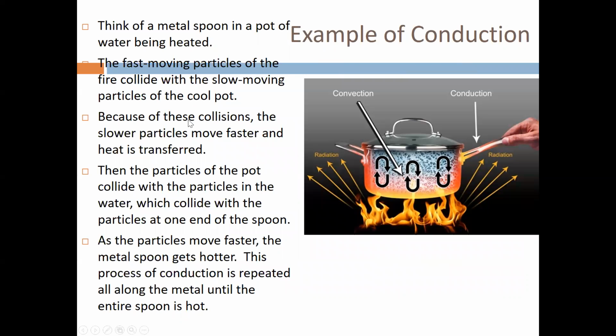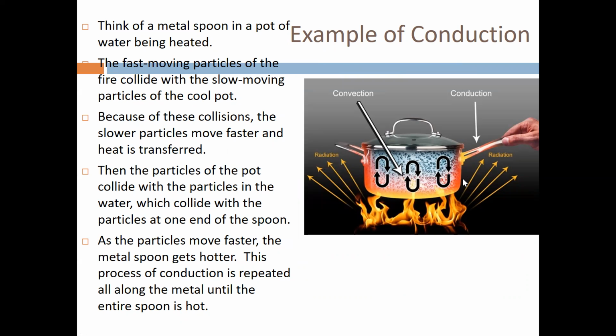So, why is the metal spoon hot? It's because of conduction. You can see in this picture, it very much explains all of this. Radiation would be the heat leaving the gas. The conduction is because anything touching the metal is vibrated.